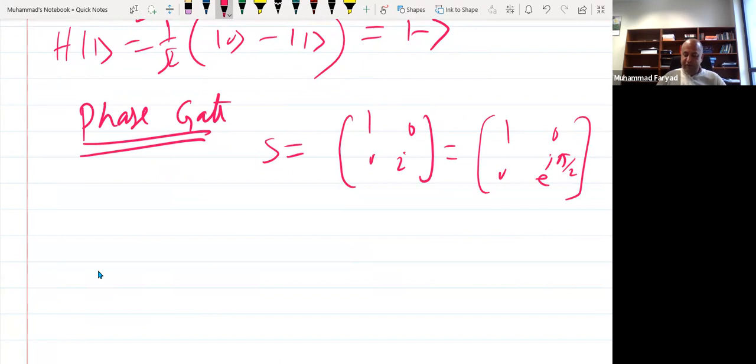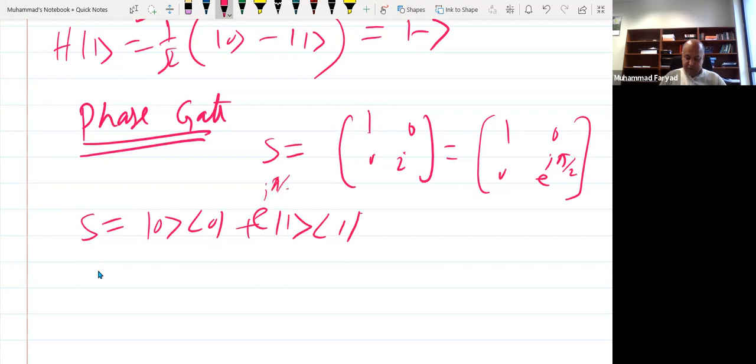Now I want to write it in Dirac notation, and you can quickly see that this is |0⟩⟨0|, and this i is in the place of |1⟩⟨1|, so I can write it as e^(iπ/2).